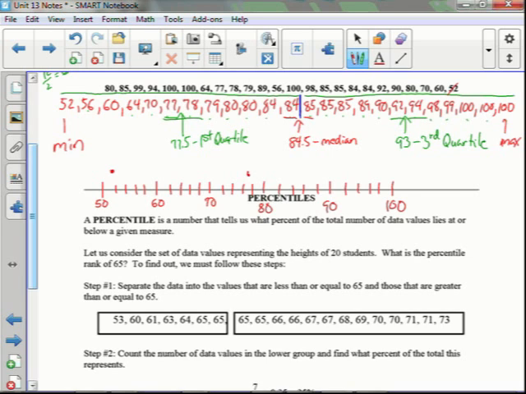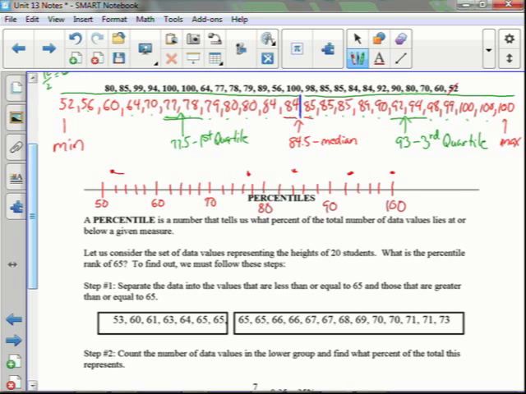I'm going to mark that, my first quartile. Our median, 84.5, close to 84 there. Our third quartile, 93, so that's going to be between 92 and 94. And our maximum, which is 100. So those are our 5 data points.